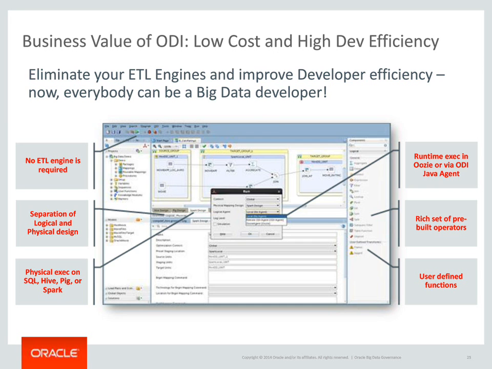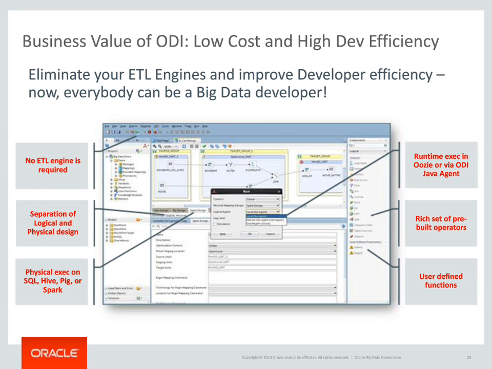So you can materialize the physical view here as SQL-based transformations, as Hive-based transformations, as Pig-based transformations, as Spark-based transformations. And internally, what ODI will do is automatically generate the different runtime orchestration, the different physical generated code to then run these transformations natively in whichever physical platform you deploy.